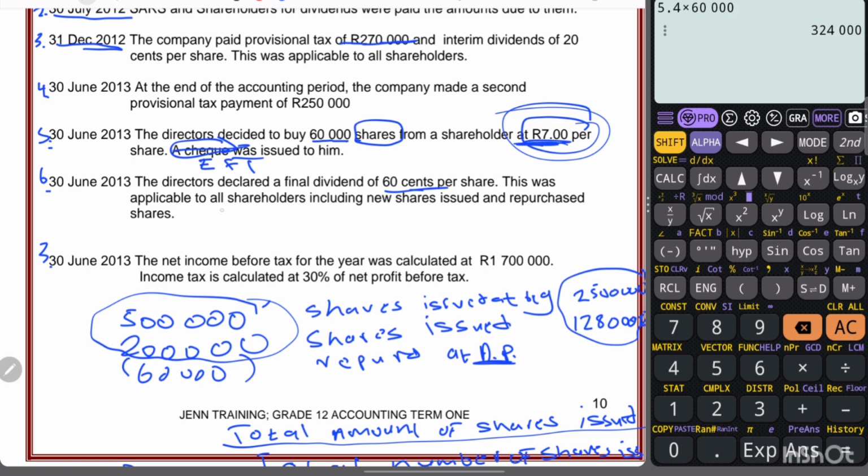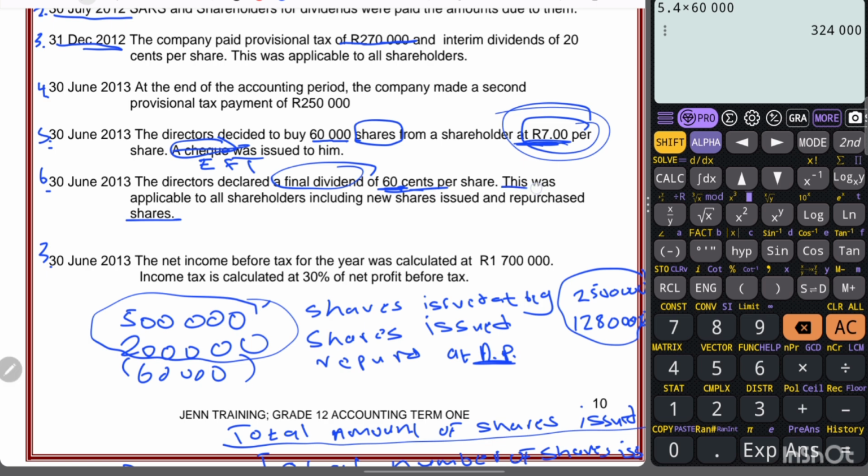This was applicable to all shareholders, including new shares issued and repurchased shares. So now the company is declaring, remember, final dividends is declared and not paid. Because it's declared and not paid, it becomes a liability for the company.